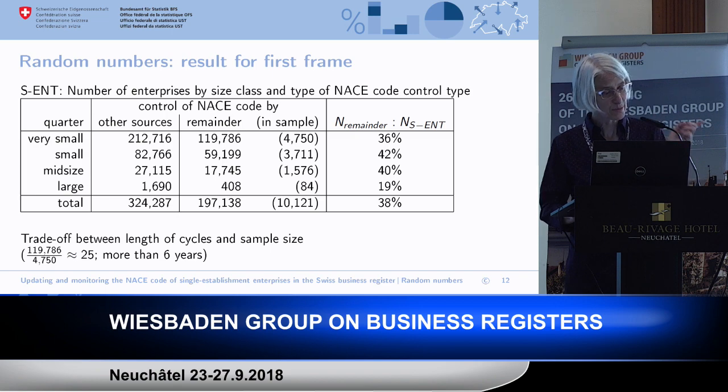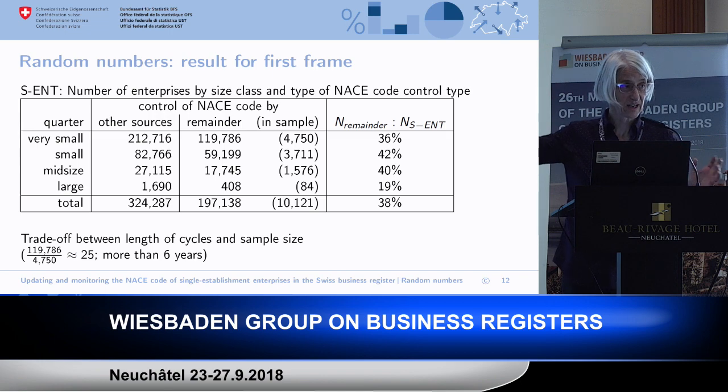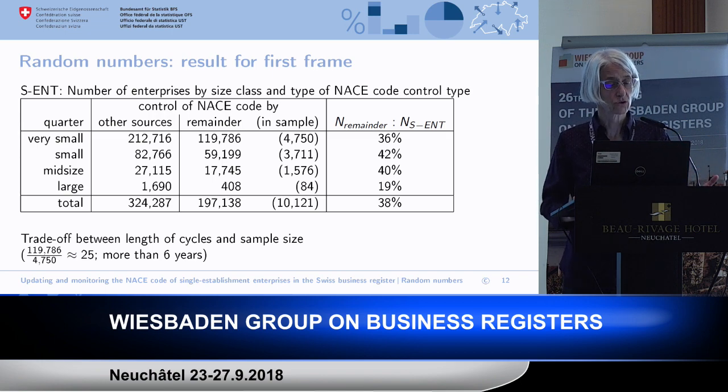The first line before is here given in this table. This table shows the number of enterprises by size class and type of NACE code control. We see, for example, in the middle part of this figure, the control by other sources, we have more than 300,000 enterprises.